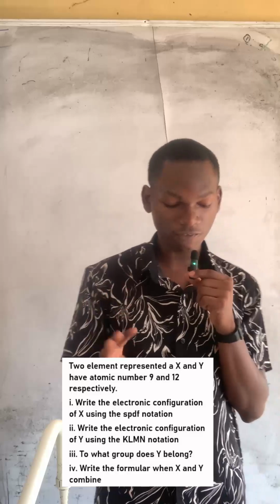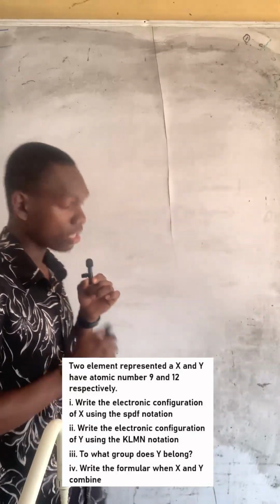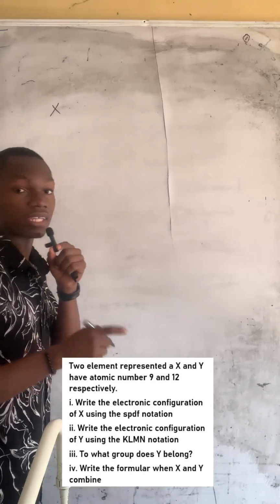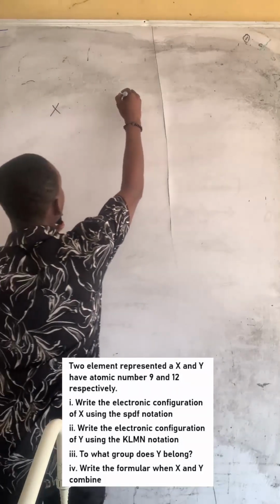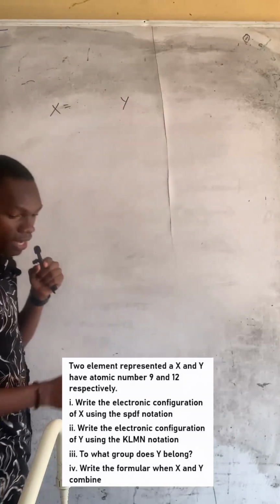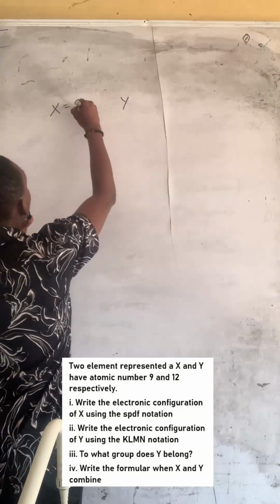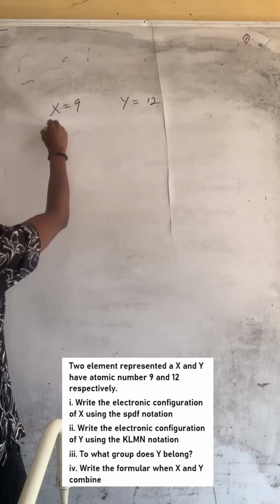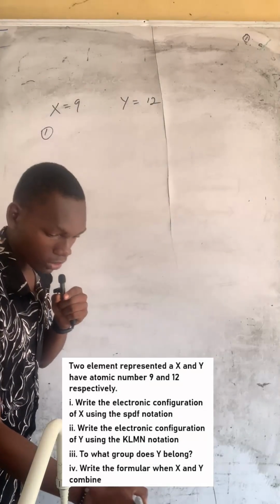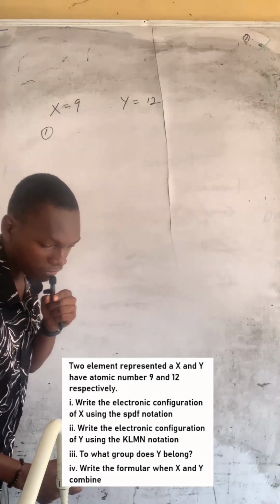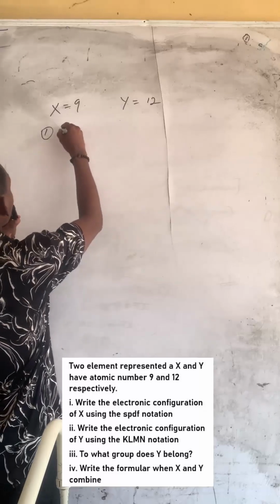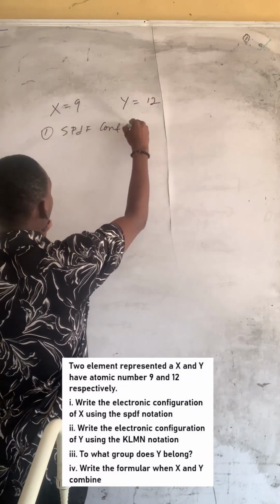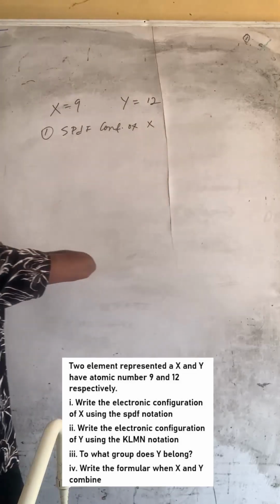All right, we have 4 questions here. Let's put them out. First of all, the elements are unknown, X and Y. The atomic number is 9 and 12 respectively. Question 1, we are asked to write the SPDF electronic configuration of X, right?